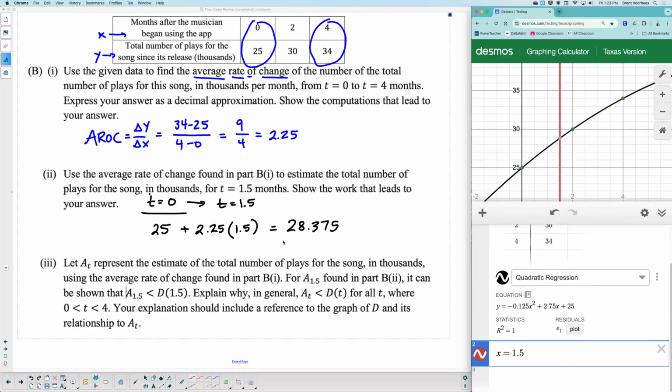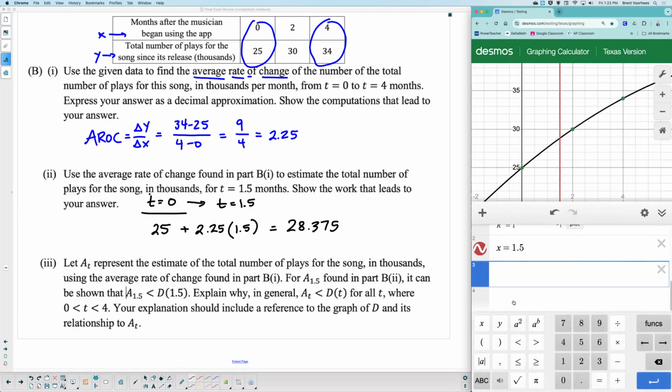Here's why. If you were to graph the AROC, it's the equation y equals the AROC, which is your slope, times x minus a point you pick, and I'll use 0, plus the 25. When I graph the AROC, there's the AROC.